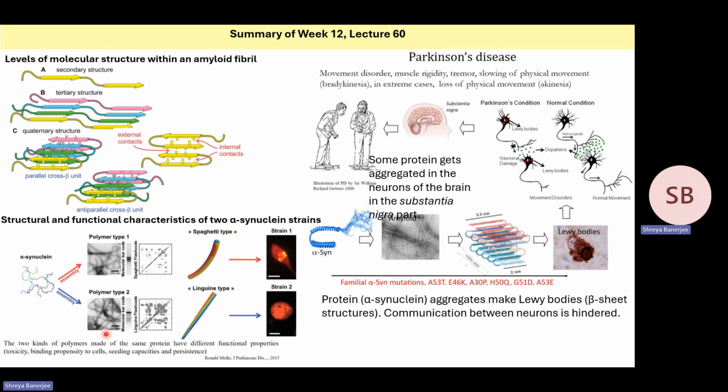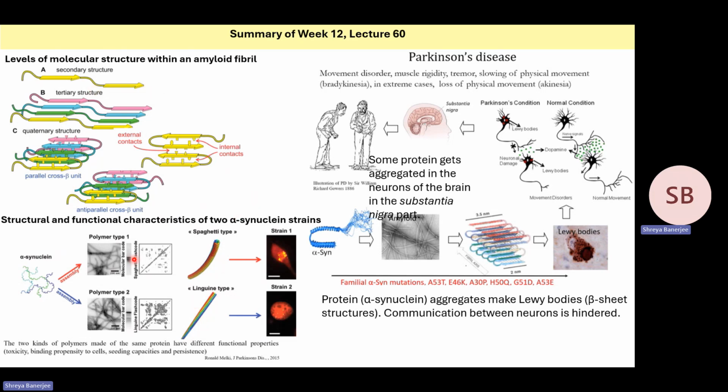So this protein is polymorphic in nature. The aggregation that is forming can be of different types, and each type will have different functions. They are both toxic to the body, they are both causing diseases, but the symptoms and the disease type are different depending on the polymorphic structure.